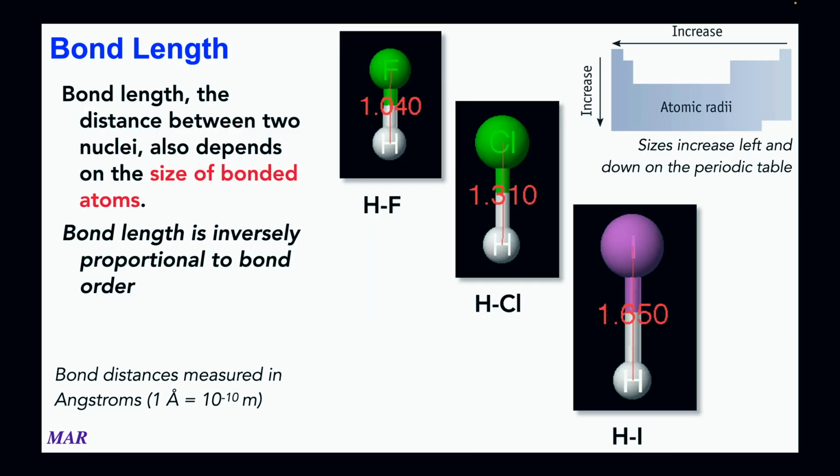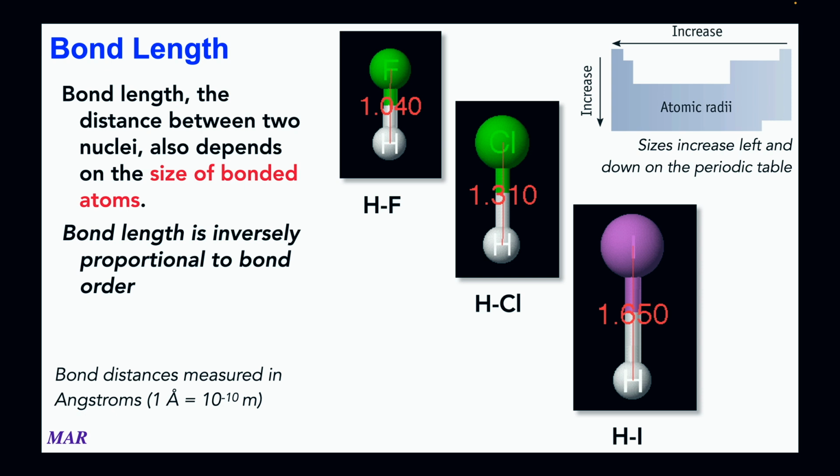This shows bond length as related to different kinds of atoms. Now, all of these are bond order of 1. Hydrogen fluoride, hydrogen chloride, hydrogen iodide. But notice how the bond length is getting bigger. Now, what's happening here is that if you remember from Chemistry 221, sizes of atoms get bigger as you go left and down.